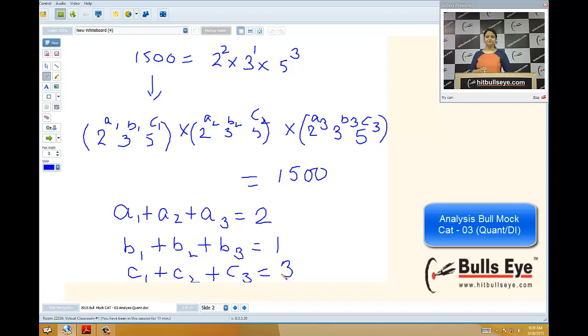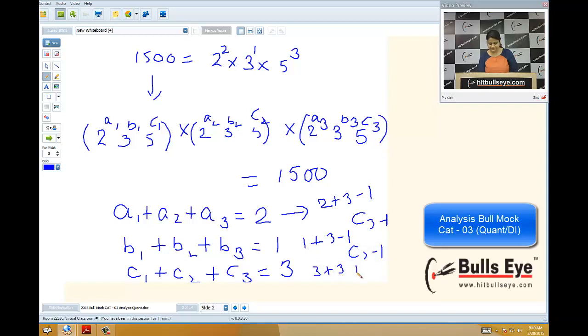We have done this formula in the previous papers too. What was the formula? n plus k minus 1 C k minus 1. So the solution for this is 2 plus 3 minus 1 C 3 minus 1. Similarly, this is 1 plus 3 minus 1 C 3 minus 1. Similarly, 3 plus 3 minus 1 C 3 minus 1. So how many solutions are possible for this equation?